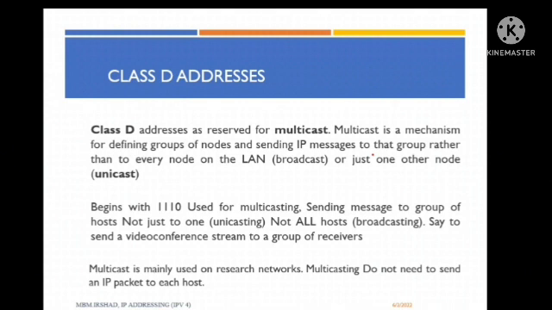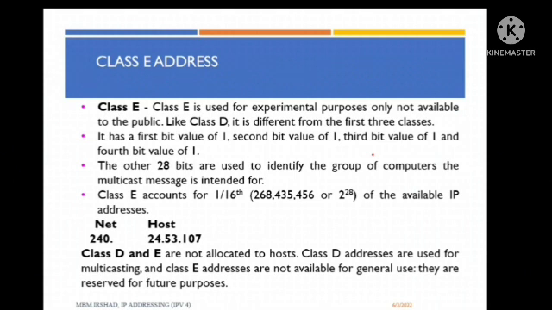Multicast is mainly used for research networks. Multicasting does not need to send the IP packets to each host. So class D serves research purposes, and class E is also used for experimental purposes, not available to the public.